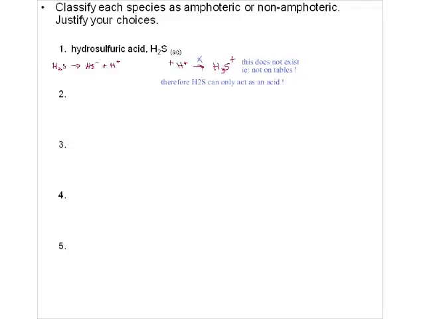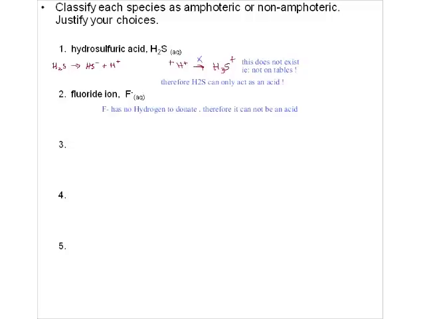By gaining this hydrogen, it's not able to do that. H3S plus doesn't exist. You will not find that on any acid-base tables. So therefore, H2S can only act as an acid. It's not capable of acting as a base, so therefore it's not amphoteric. In the case of the fluoride ion, first off, it doesn't have any hydrogen to donate, so it's not possible that F minus can be an acid.